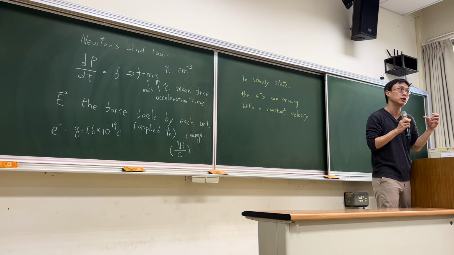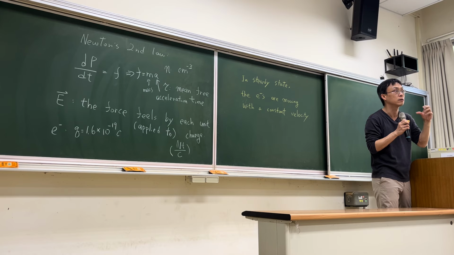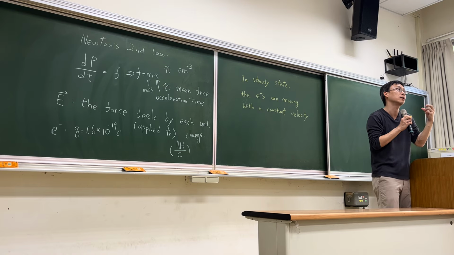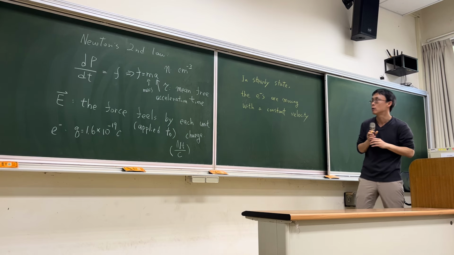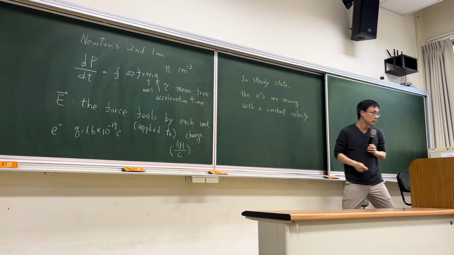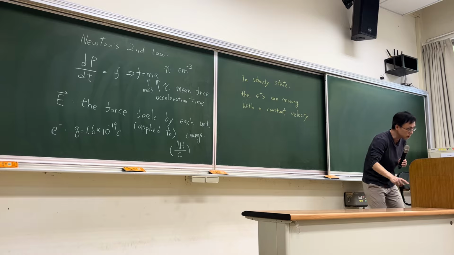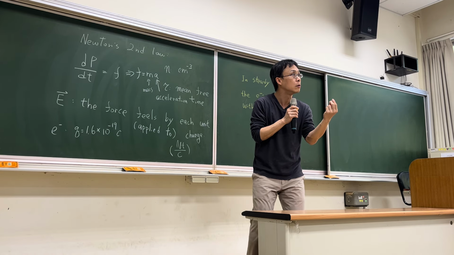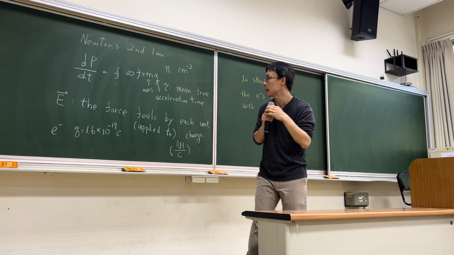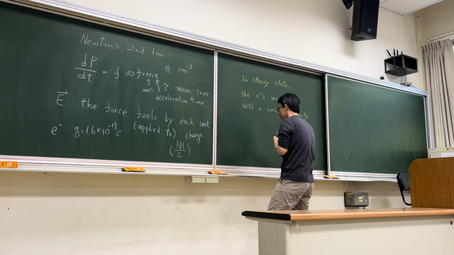So in this situation, electrons are moving at a certain constant velocity, right? So what is the second force to slow down the electrons? Okay? So this is the second slowing down force, collision or scattering, right? So the second force.